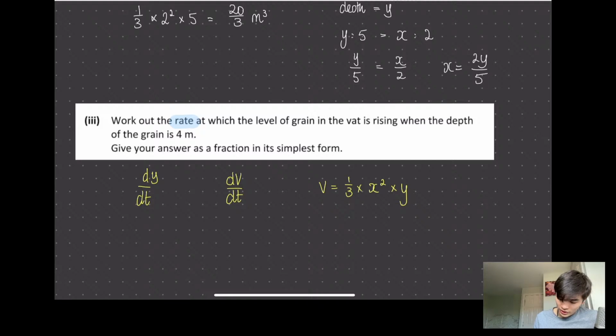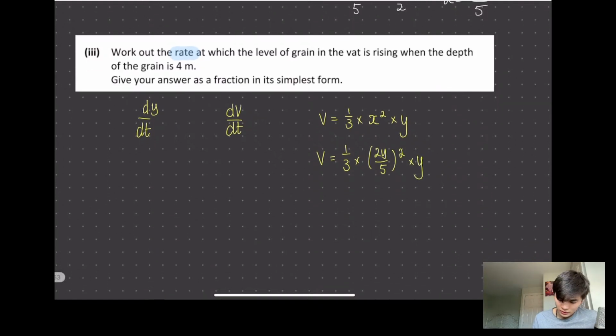Then I also know that x is now 2y over 5. So can you see I've got a general formula of v in terms of y now.